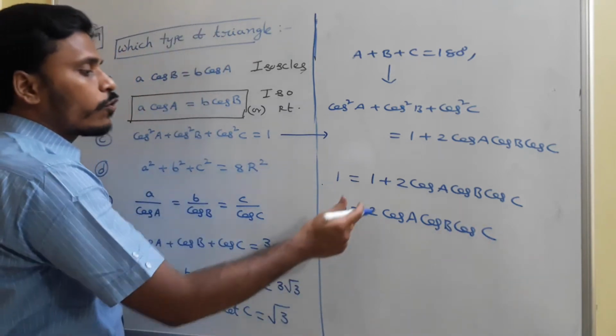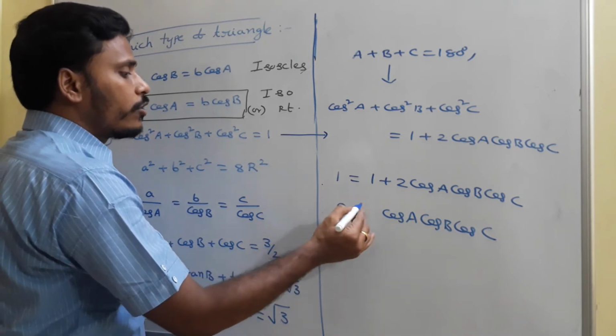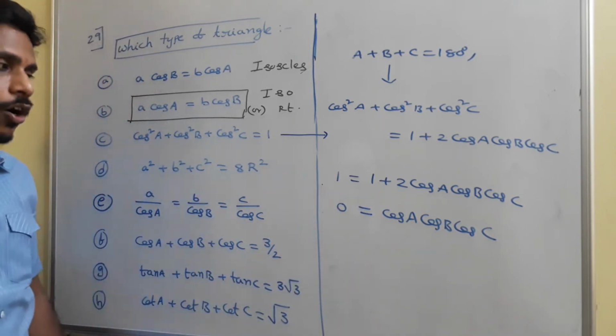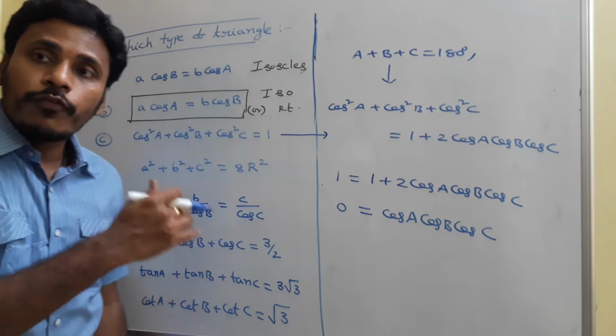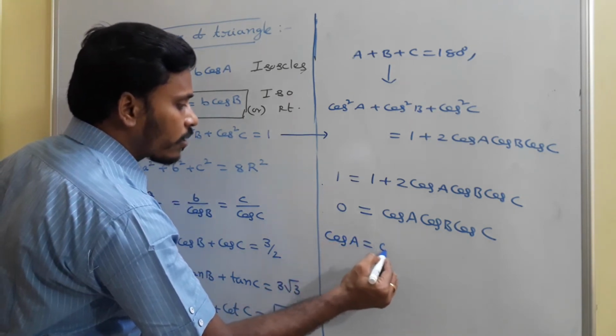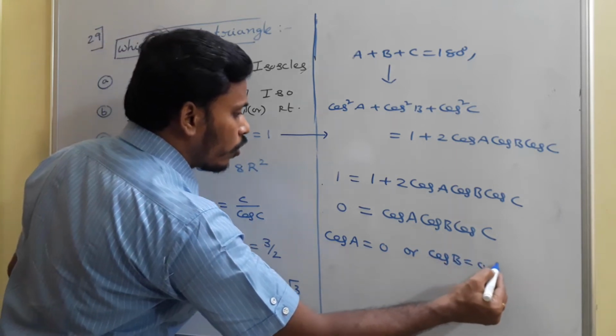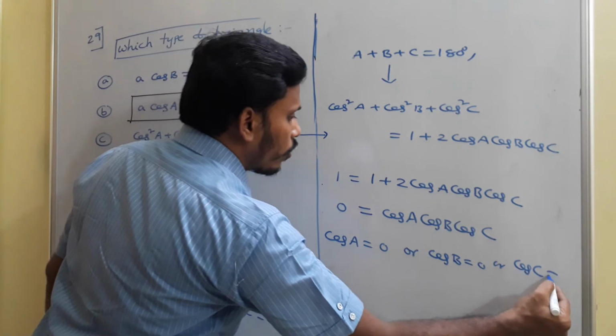And it is very clear, if you send this 2 over, 0 by 2 is 0. So directly I will write that 0 is equal to cos a cos b cos c. Product of three numbers is 0. When will it happen? In the sense either cos a is equal to 0 or cos b is equal to 0 or cos c is equal to 0.